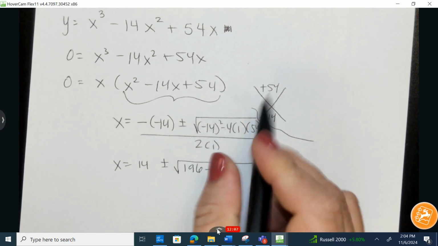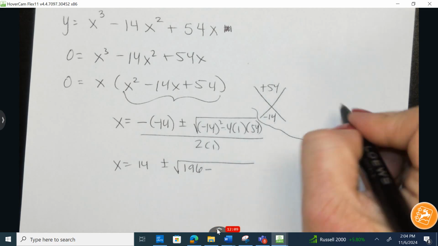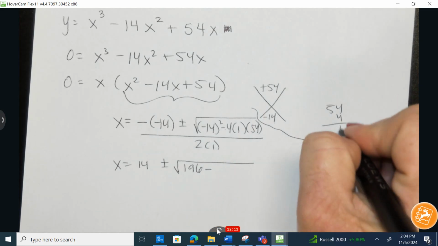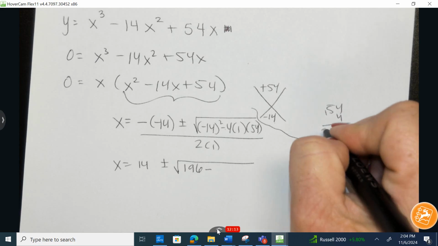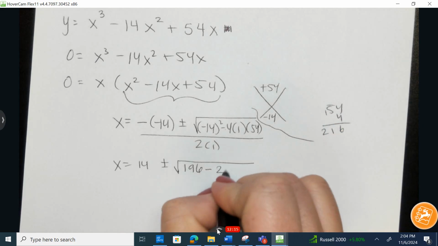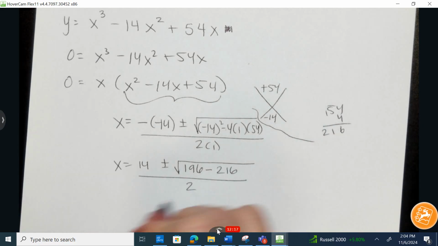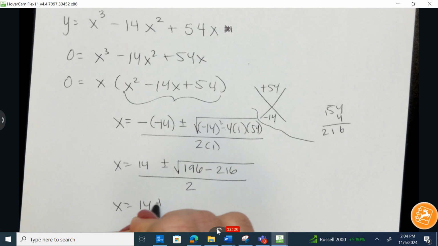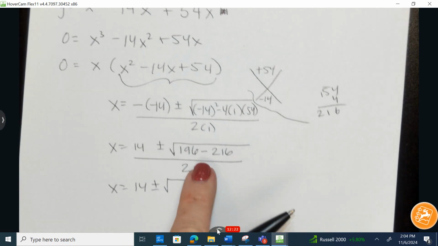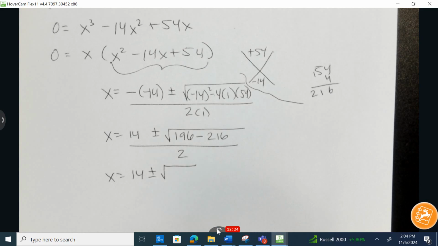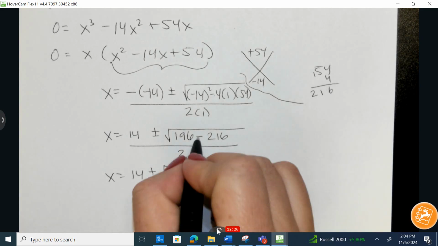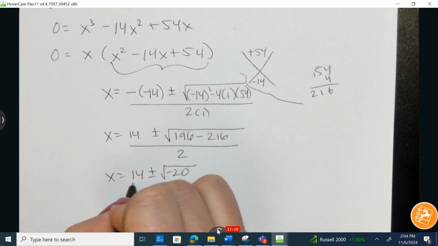I'm going to drop down that subtraction time. Now I want to take 4 times 1 times 54. Okay, so I get 16, carry the 1. So this is subtract 216 all divided by 2. The difference between 196 and 216 is a difference of 20, but it's a negative 20 when we subtract.